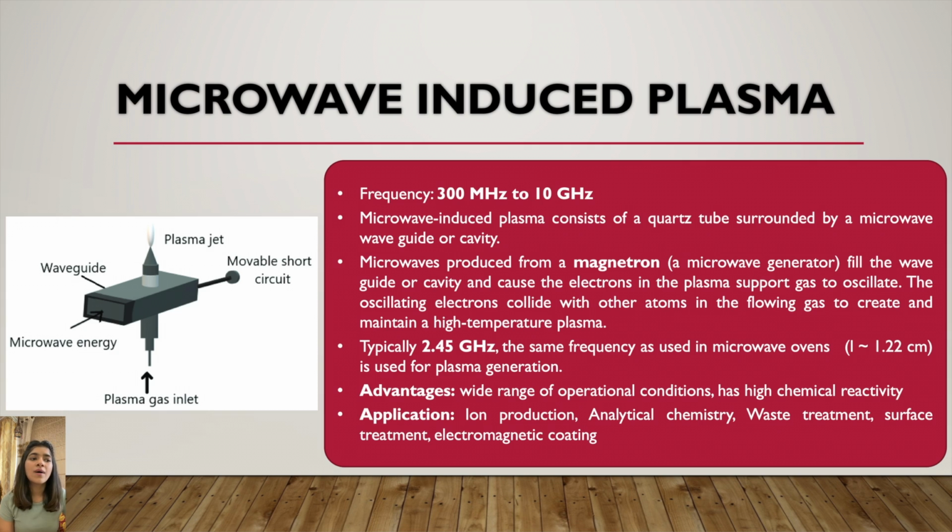Its advantages are that it has a wide range of operational conditions and high chemical reactivity. Its applications are in ion production, analytical chemistry, waste treatment, surface treatment, electromagnetic coating, etc.